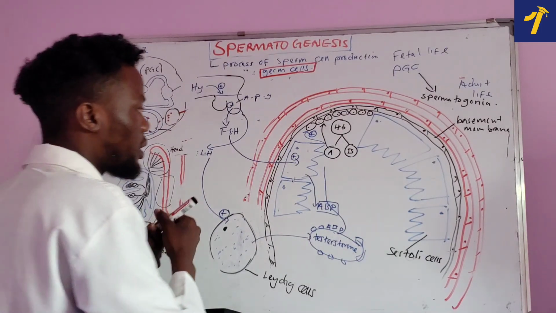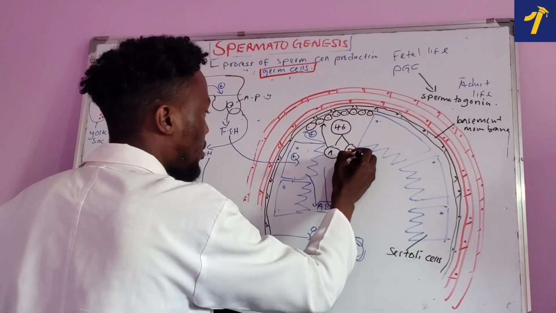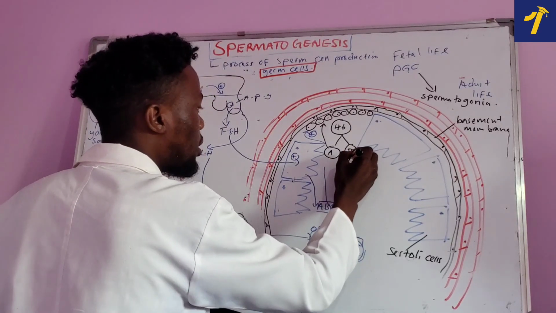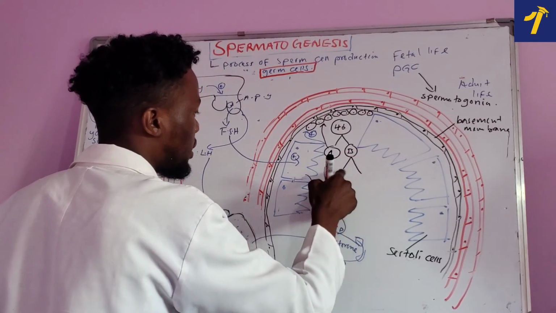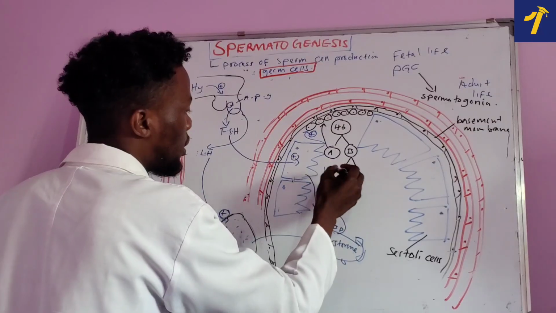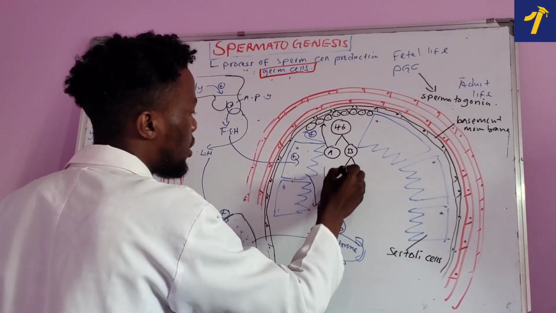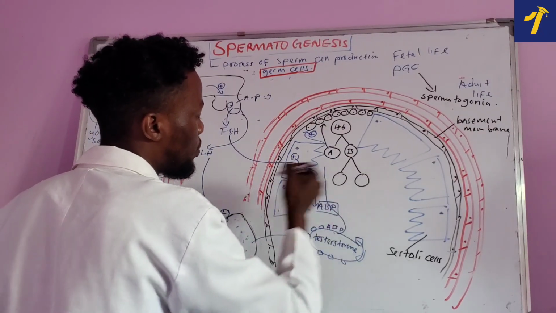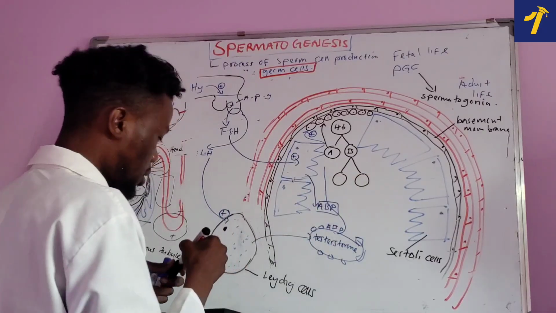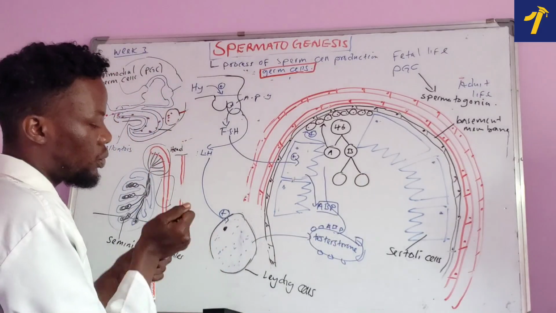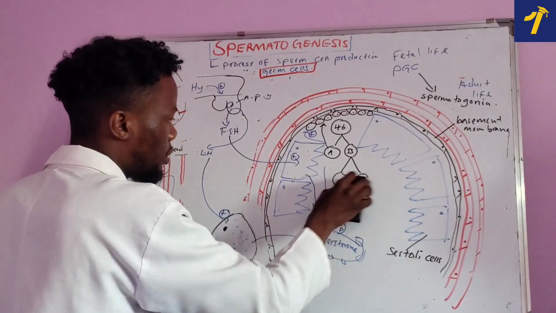Alright? So type B spermatogonia will start now dividing. Okay? We'll divide into these two. So let us just write one.